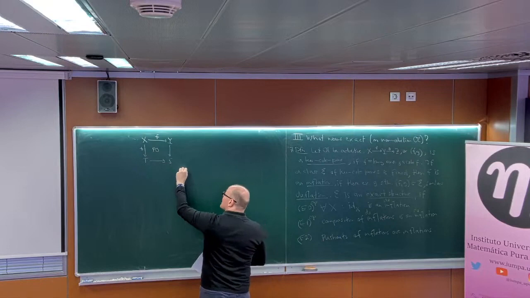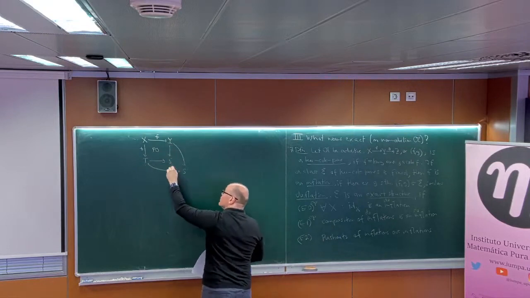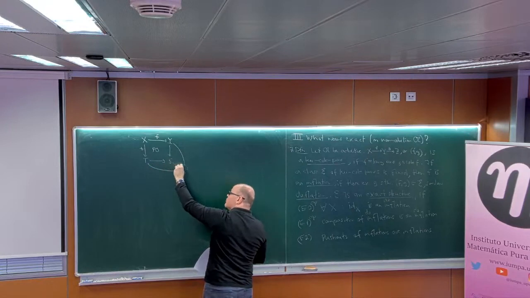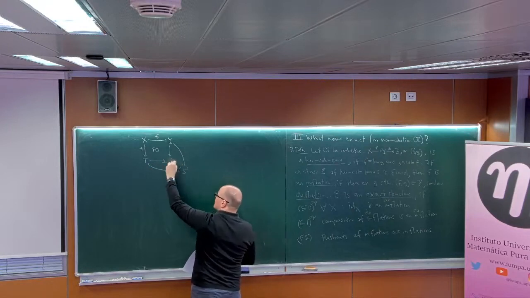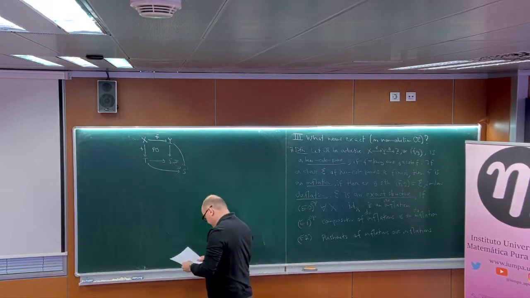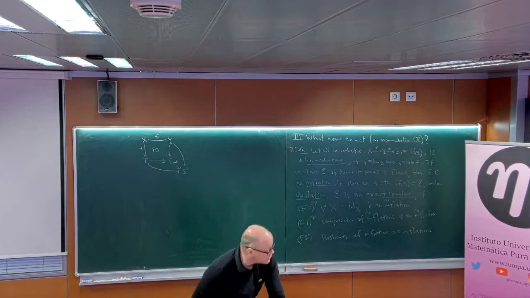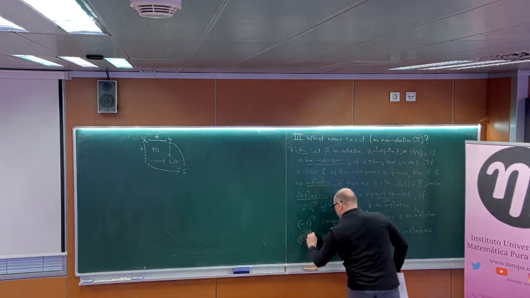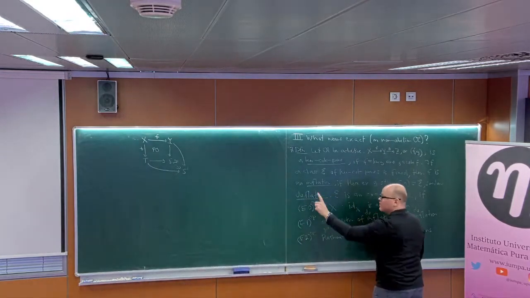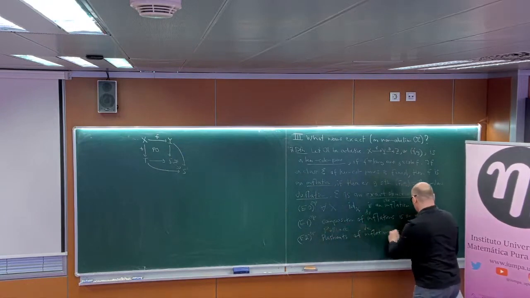So if you have any other square which also makes this commutative, then this factors uniquely through your best square. Okay. And again, the dual condition. Then you have to revert all the arrows, then you get something that's called a pullback. And here you write deflation.